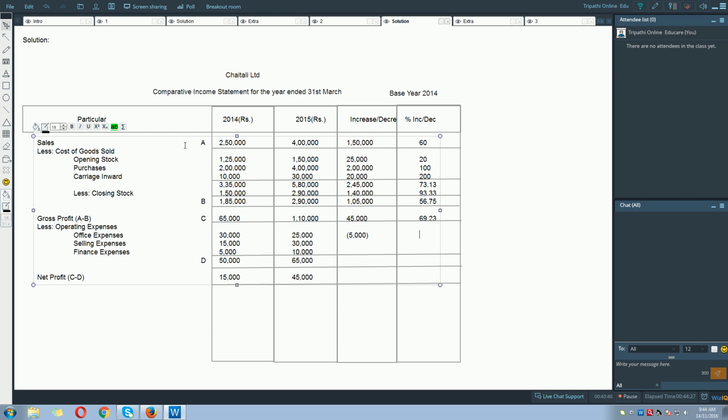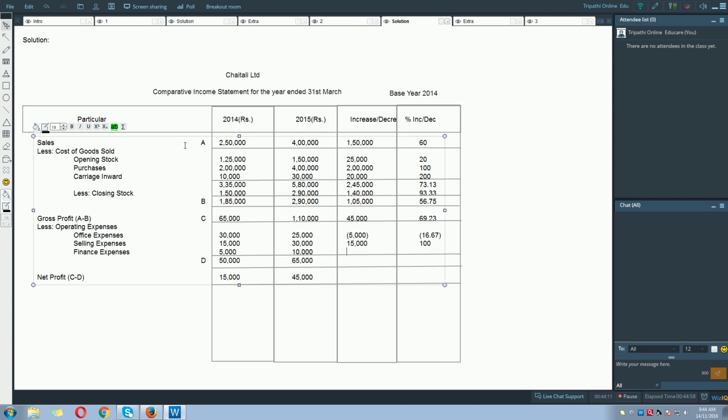Gross profit: 1,10,000 minus 65, that is 45,000. Percentage: 45 into 100 divided by 65, that is 69.23%.